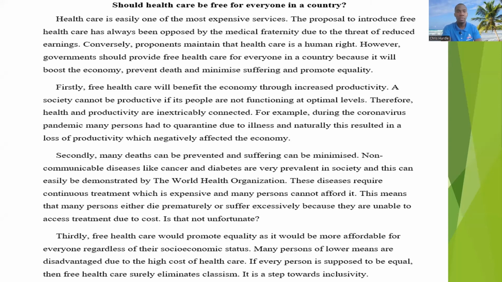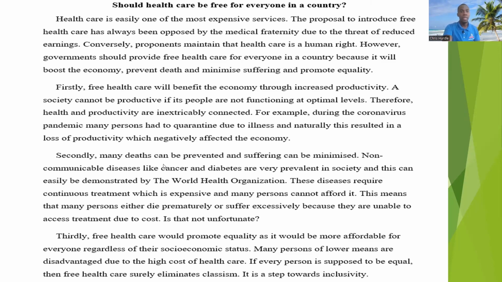Therefore, health and productivity are inextricably connected, which means that one cannot exist without the other. For example, during the coronavirus pandemic, many persons had to quarantine due to illness, and naturally this resulted in a loss of productivity, which negatively affected the economy. So you see that? So in this example, my supporting evidence would have been an explanation and an example, right?